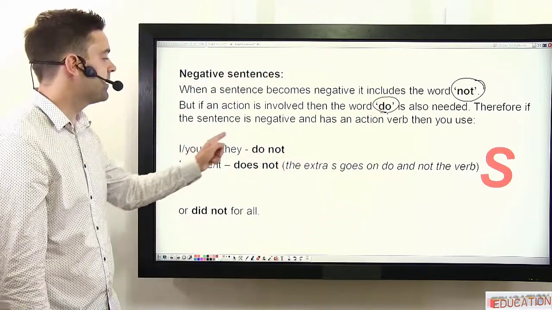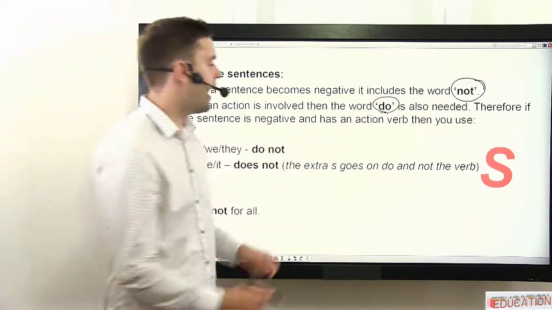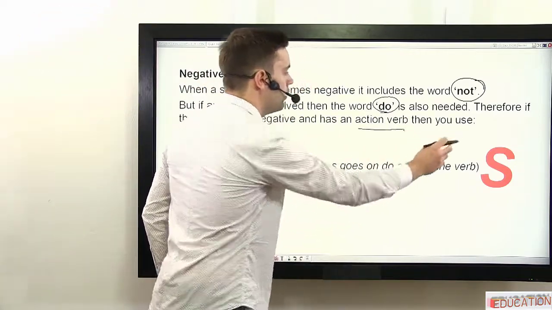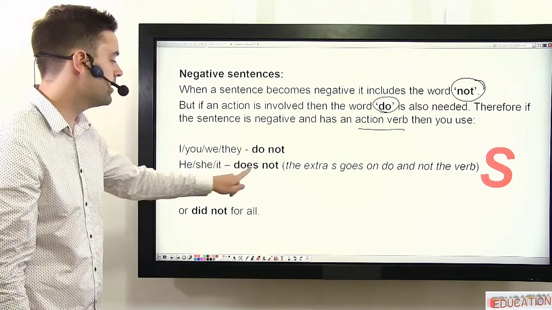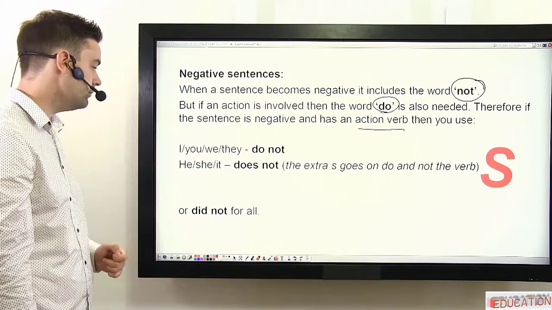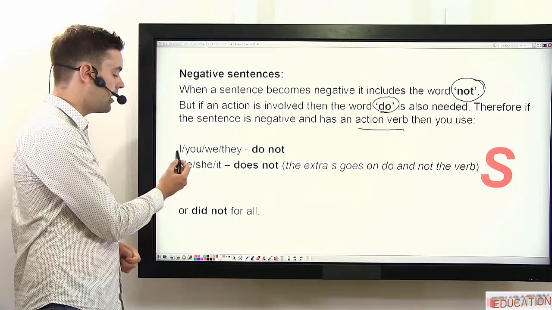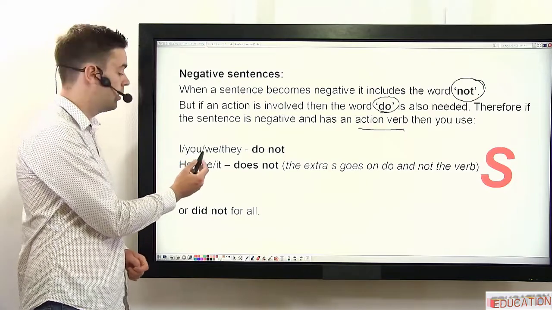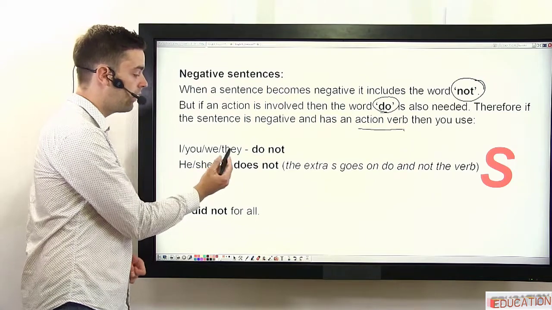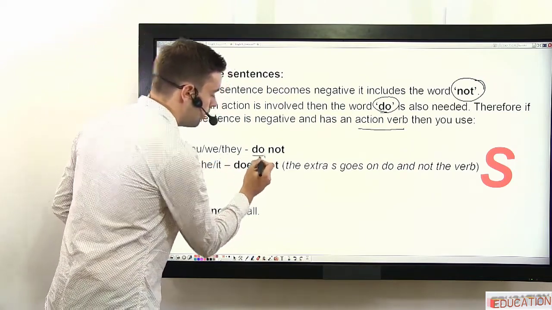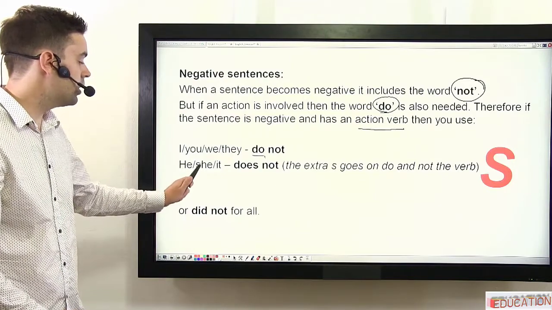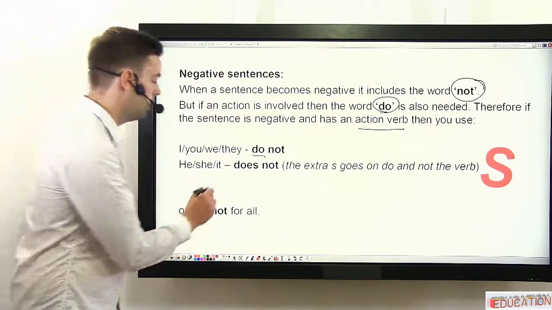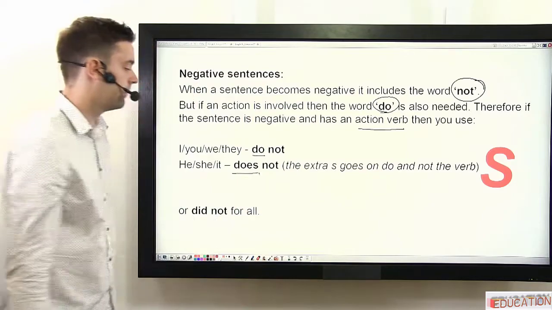Therefore, if the sentence is negative and has an action verb, then you use do not or does not. If it's I, you, we, or they, it's do not. If it's he, she, it's does not.